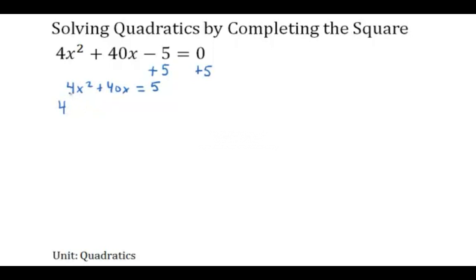Thankfully, in this example, 4 is a factor of both terms, but even if it wasn't, we would still have to factor it out. So factoring out is division. 4 divided by 4 is 1, and 1x squared can be written just as x squared. 40 divided by 4 is 10, so we get 10x. And this still equals 5.